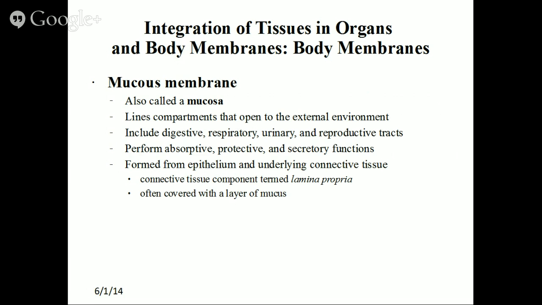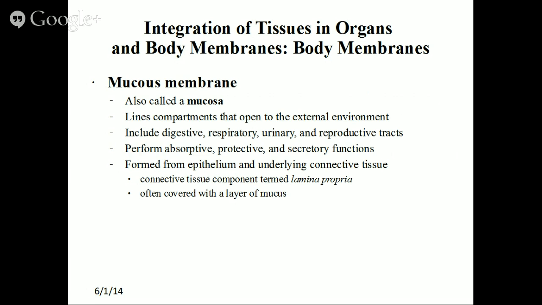Notice that it lines compartments that open to the external environment, and then it gives you a list of different examples, like the digestive system. The digestive tract, I should say, has two openings, one at the oral cavity, one at the anus. I think we pretty much figured out how that works.